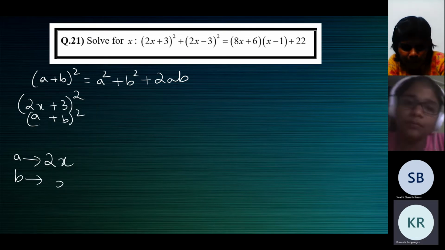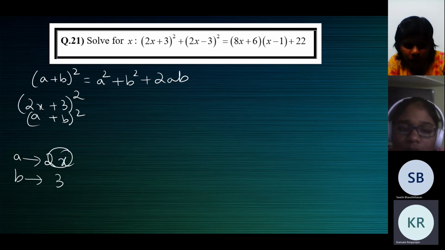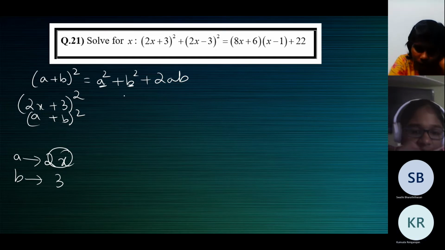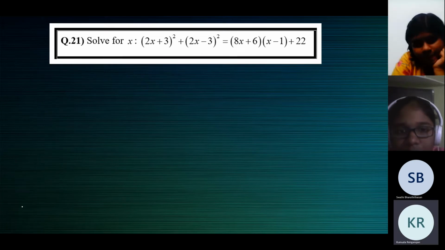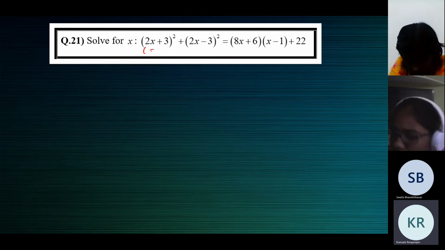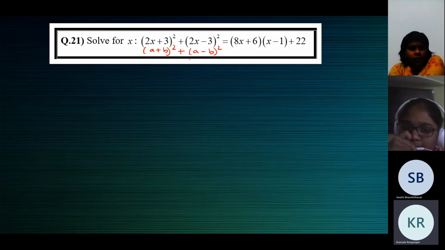Now, if it is (a plus b) the whole square, it is a square, b square, 2ab. If it is (2x plus 3) the whole square, a is 2x and b is 3. So wherever you have a, use 2x. Where you have b, use 3. Isn't that simple? Now we just have to look at this one as (a plus b) the whole square, and this one as (a minus b) the whole square.